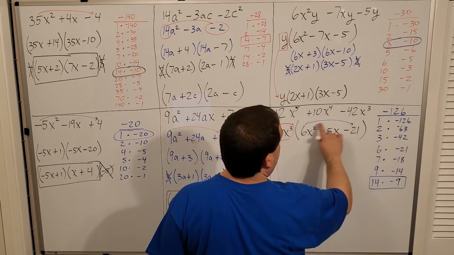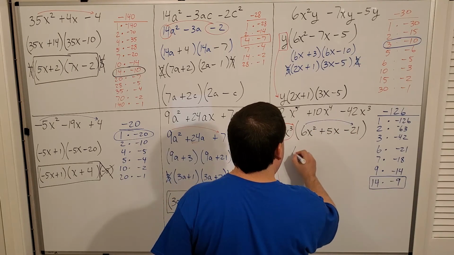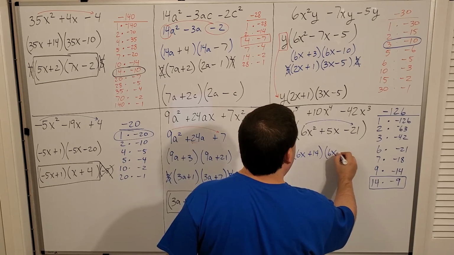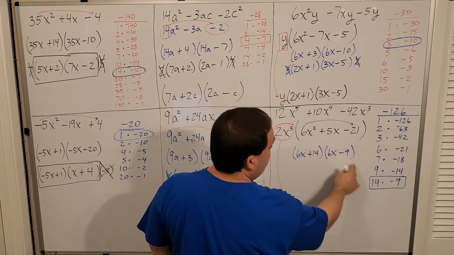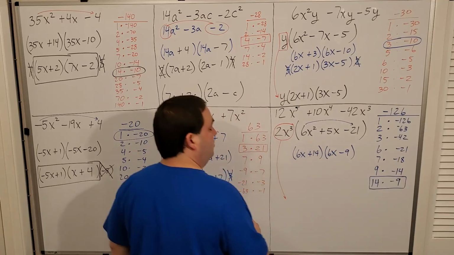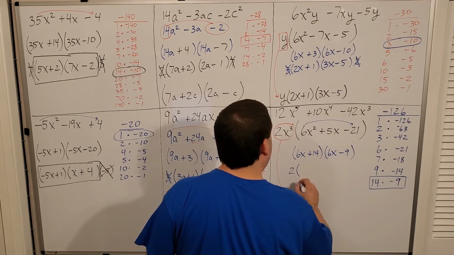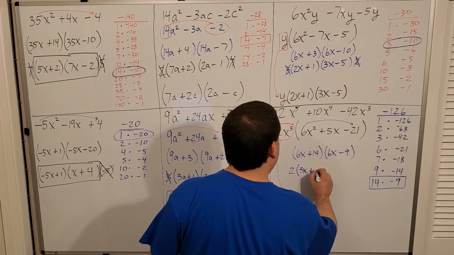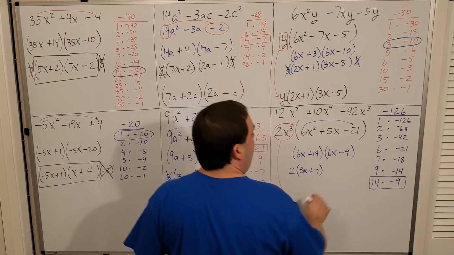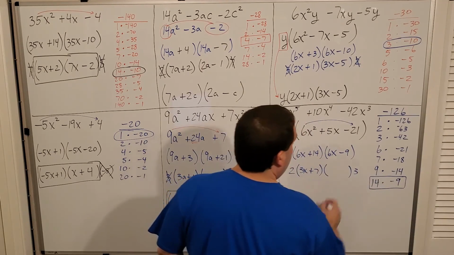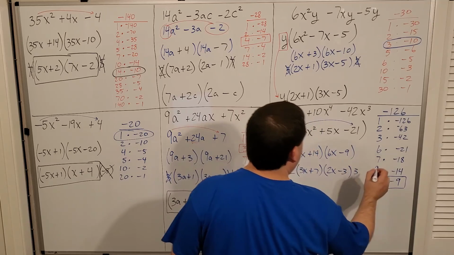This piece right here I'm going to factor by doing 6x plus 14 and 6x minus 9, right? Taking my two numbers there and doing the 6's with each one. 6 and 14 have a 2 in common, leaving 3x plus 7. And then 6 and 9 have a 3 in common, leaving 2x minus 3.